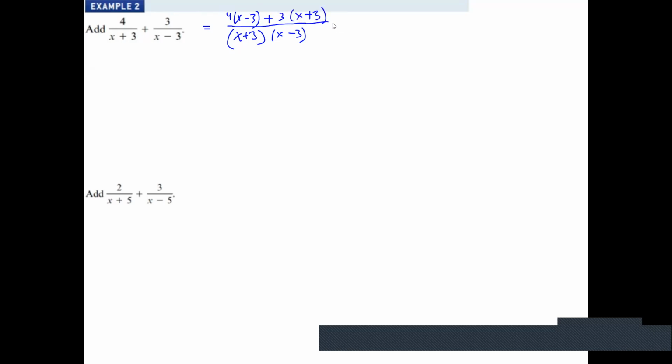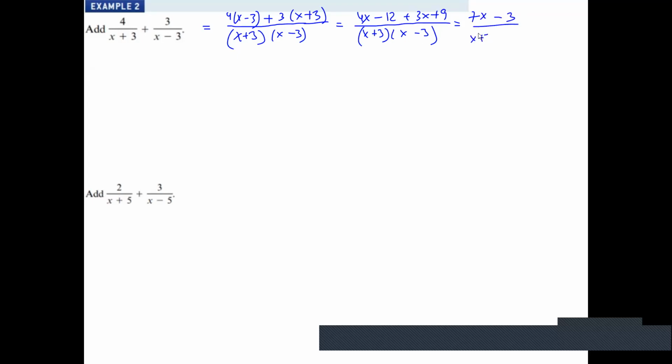So what I can do, I can open brackets at the top. x plus 3, x minus 3, what I have? 4x minus 12 plus 3x plus 9. 4 plus 3 is 7x minus what? 3. x plus 3.